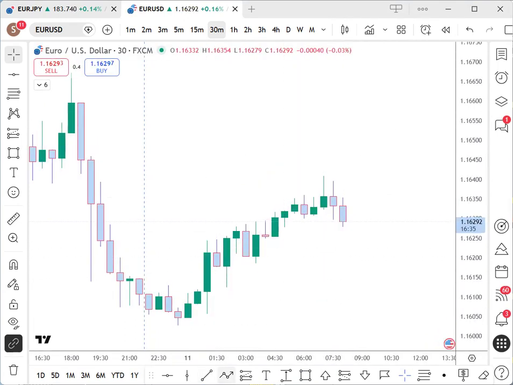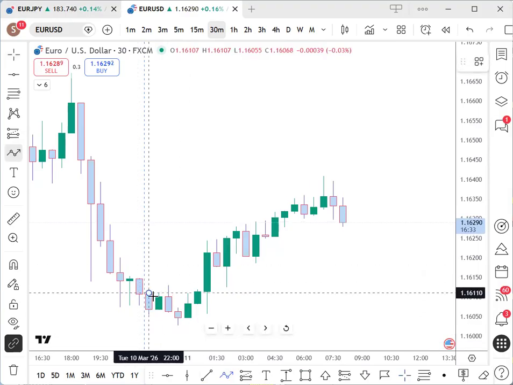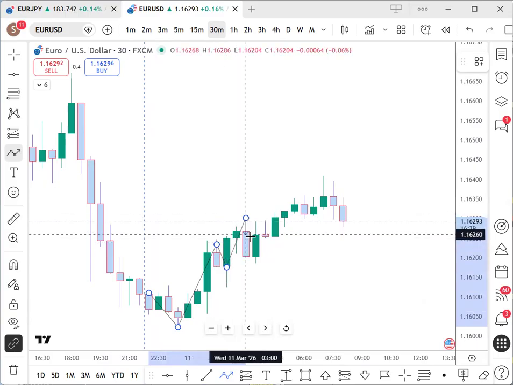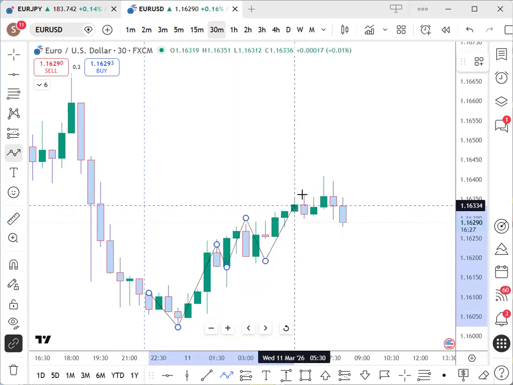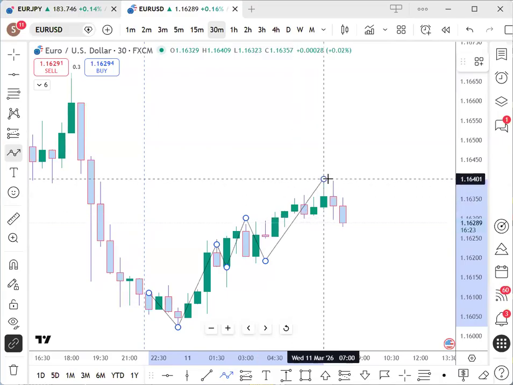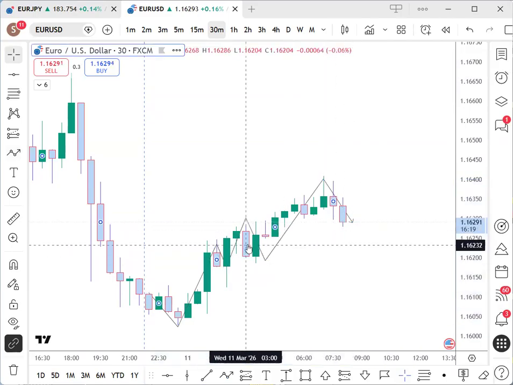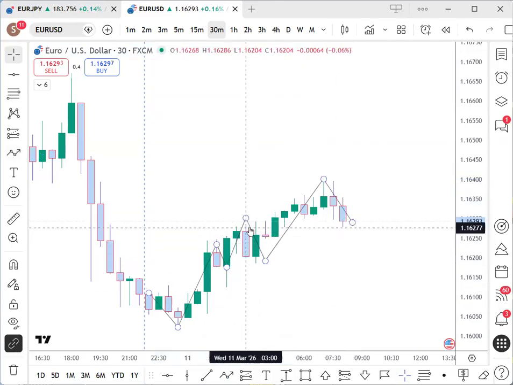This one too has a similar setup. So it went down first, came back up, pull back, push up, and a pull back, another push up, let's say to that level. And then it's currently pulling back down. Where's your last opposite candle?